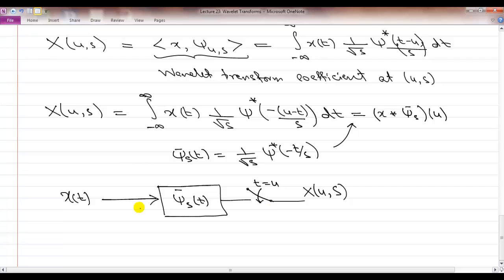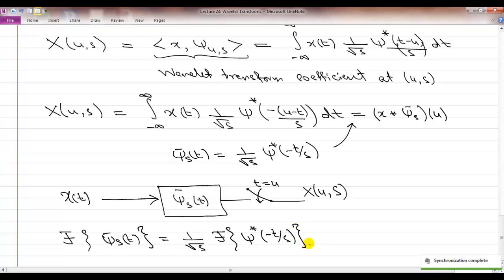And what is the Fourier transform of this filter? The Fourier transform of psi bar s of t is simply 1 over square root of s, Fourier transform of psi conjugate of minus t over s.